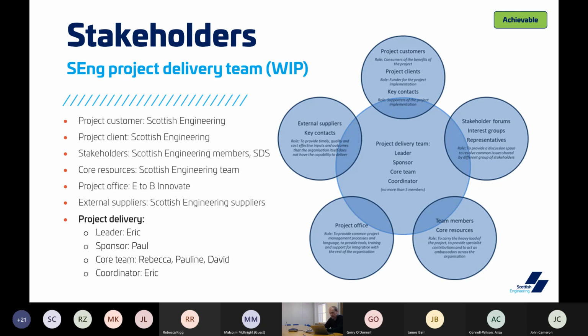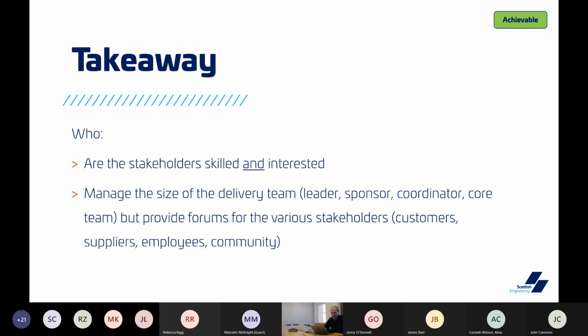So being the customers, being the suppliers, being the organization itself, and being the team members in the group. So that's an example of the stakeholders, an example of who do you need and is it achievable. So the takeaway is, are the stakeholders skilled and interested?